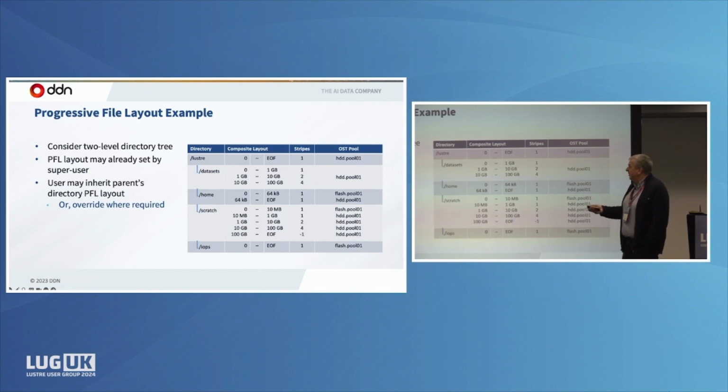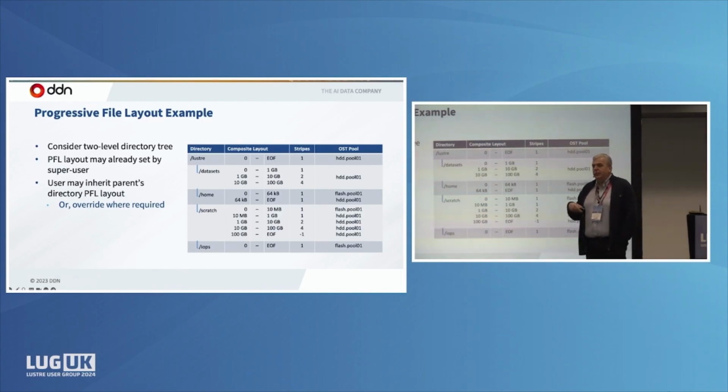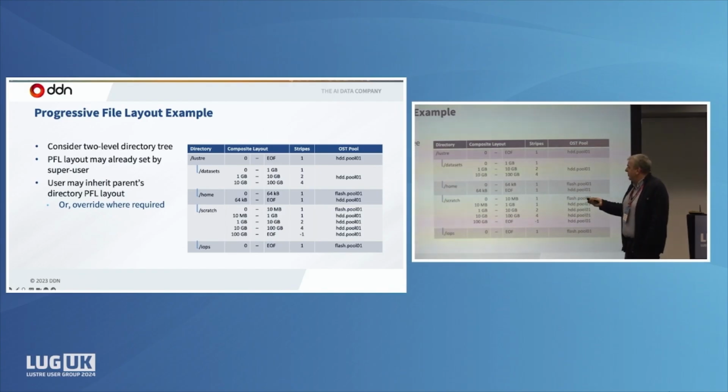So you now can set this /data set so that as a file grows, the first 1 gigabyte of the file will be one stripe. As it grows larger, from 1 gig to 10 gig, we increase the stripe count to 2. As it grows again, greater than 10 gigabytes to the end of file, we can then increase that stripe count to 4. And all those components will be on hard drives.